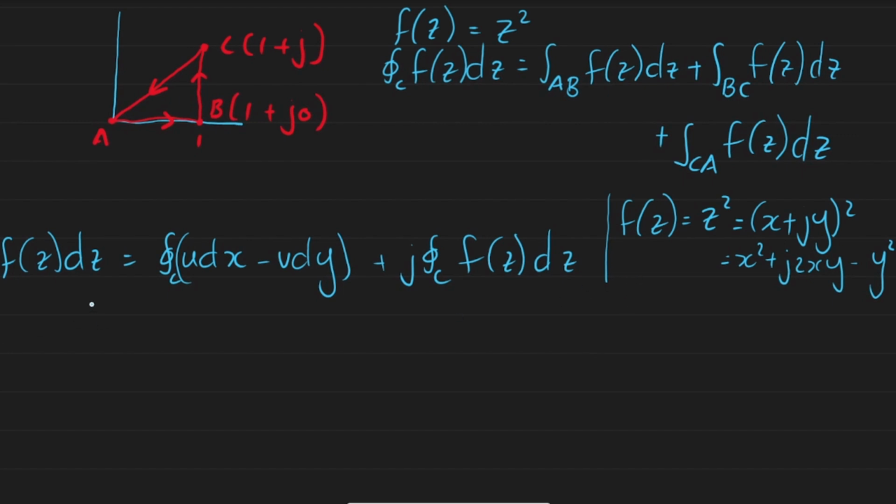So what this means is that, if we gather the real part, we have x squared minus y squared, and then we have plus j 2xy. So that's what u is, and that's what v is. So u is equal to x squared minus y squared, and v is equal to 2xy. So we can substitute all of these things inside this equation.